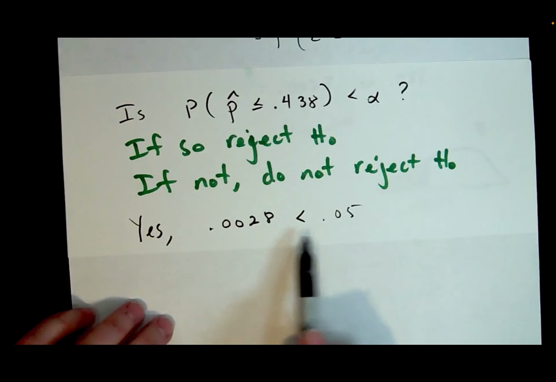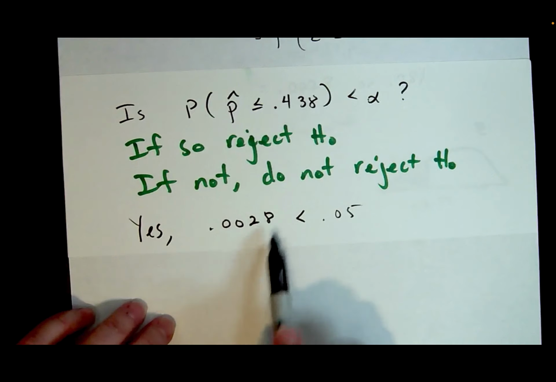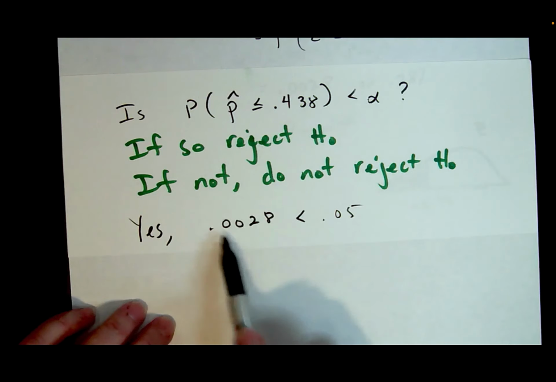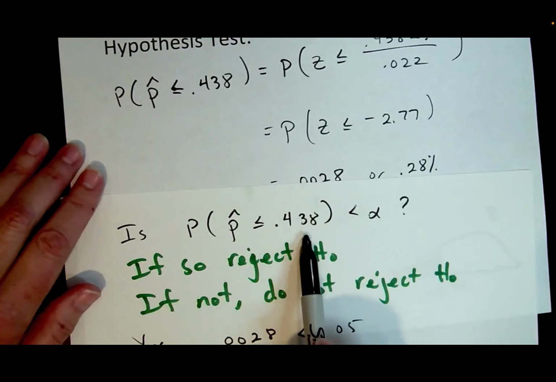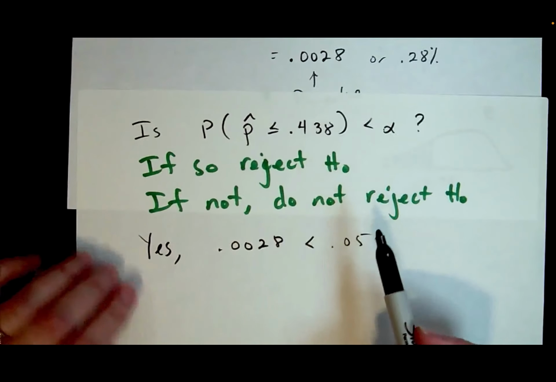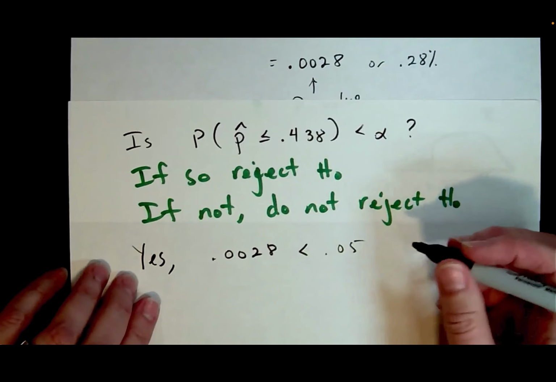That's what happened to us here. We got a very small probability: if the actual student proportion is 0.5, it's very unlikely we would have gotten that answer. Okay, so we're going to reject.